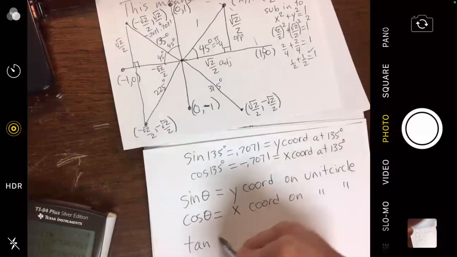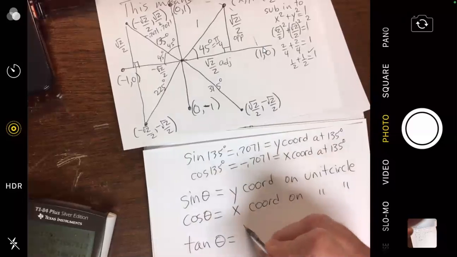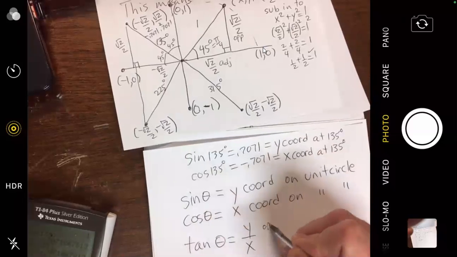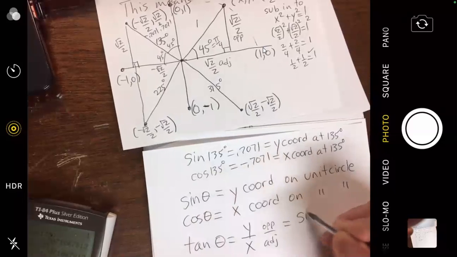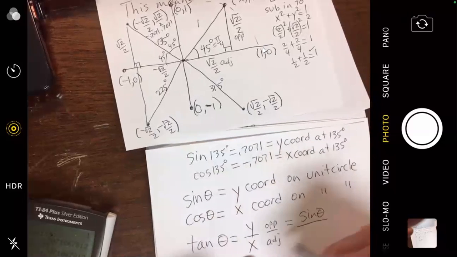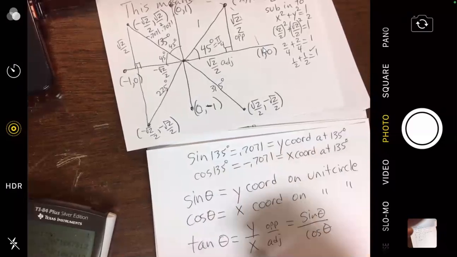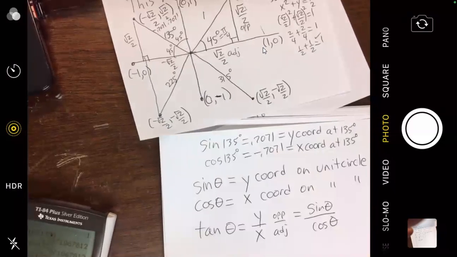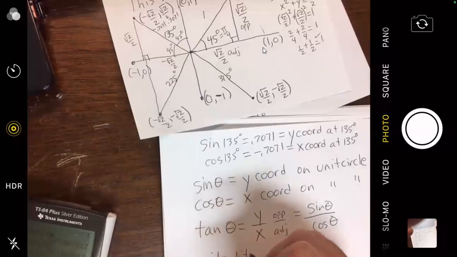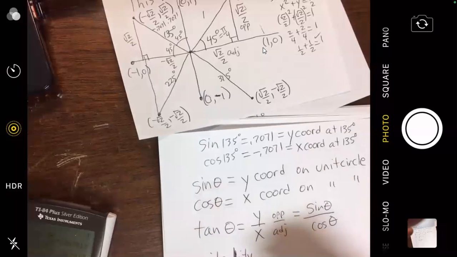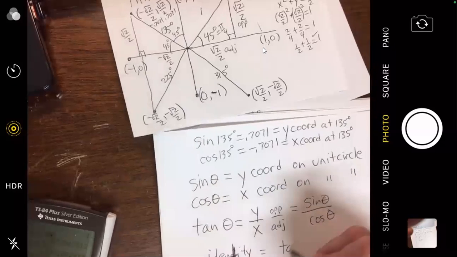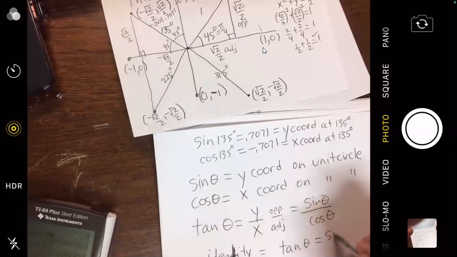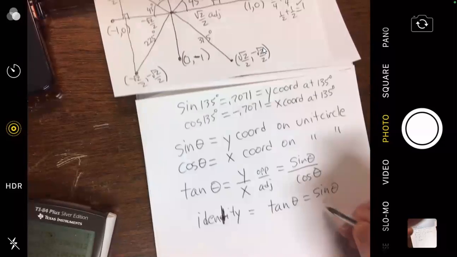Tangent theta is equal to y divided by x, opposite divided by adjacent, is equal to the sine, since y is sine of an angle and x is cosine of an angle, a tangent of an angle is equal to sine divided by cosine. That's one of our first basic formulas. This is called an identity. Identity. Can't spell it. That a tangent of an angle is equal to a sine of the angle divided by the cosine of the angle.